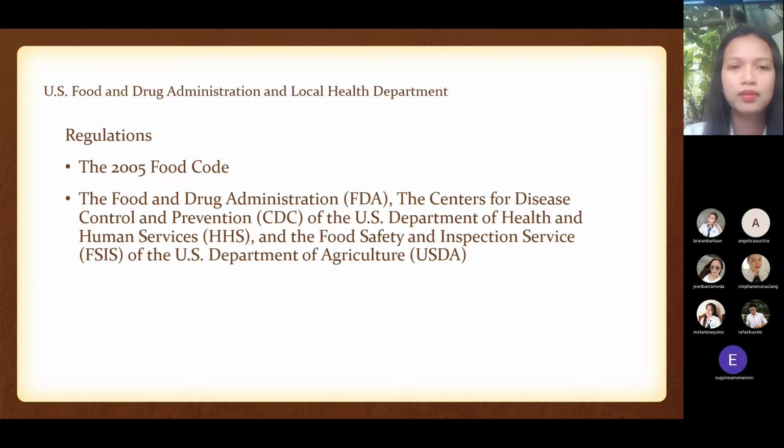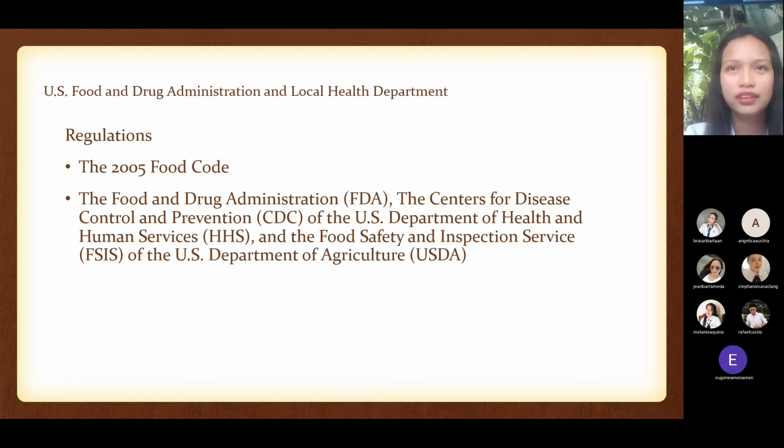The Food and Drug Administration, or FDA, published the model that assists food control jurisdictions at all levels of government by providing them with a scientifically sound technical and legal basis for regulating the retail and food service segment of the industry, like restaurants, grocery stores, and institutions.